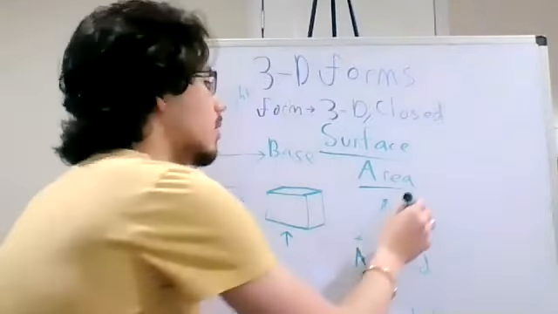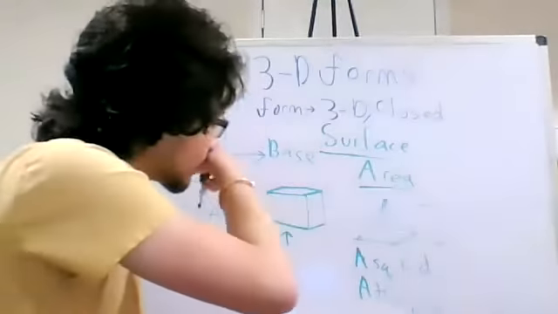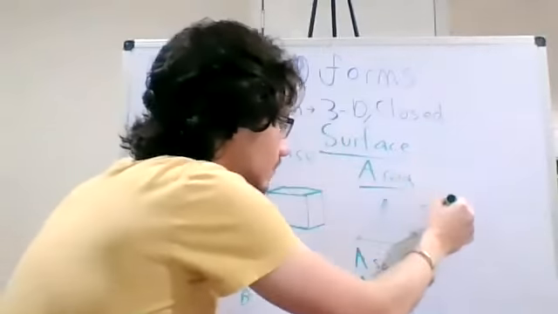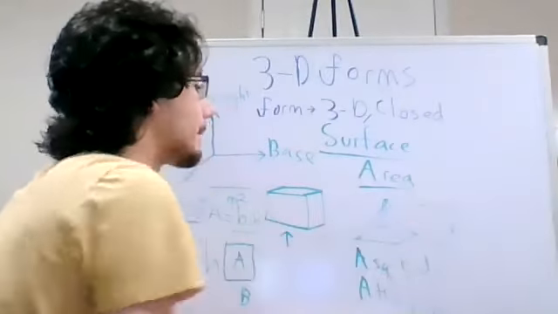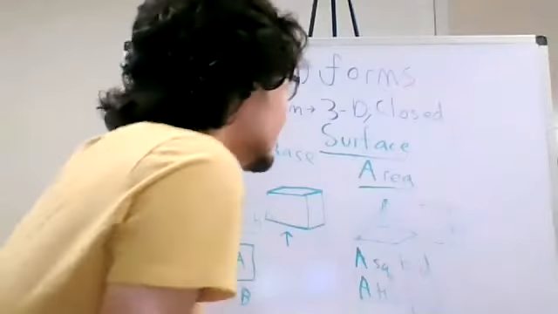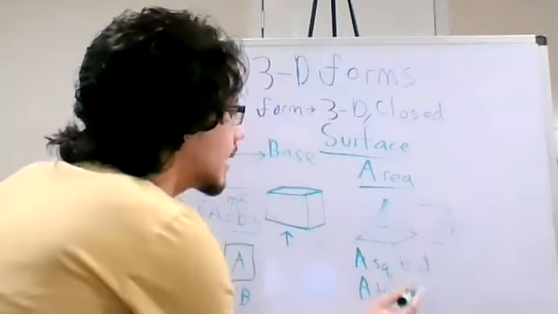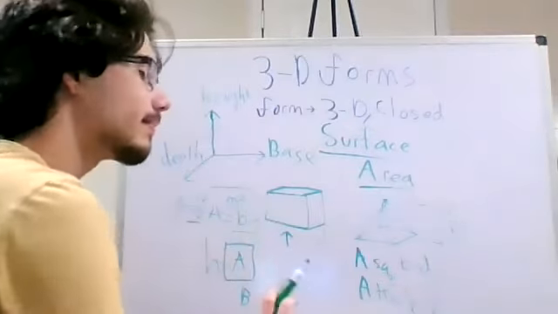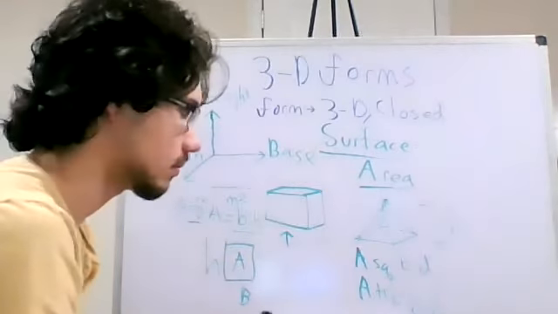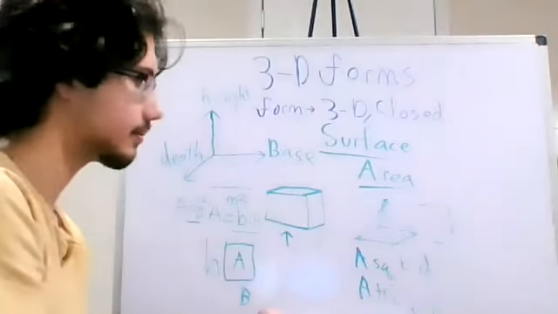Now, we know that the height is the height that we measure from the bottom to the top. But will this base and height be the same as the base and the height of the cube? I don't think so.